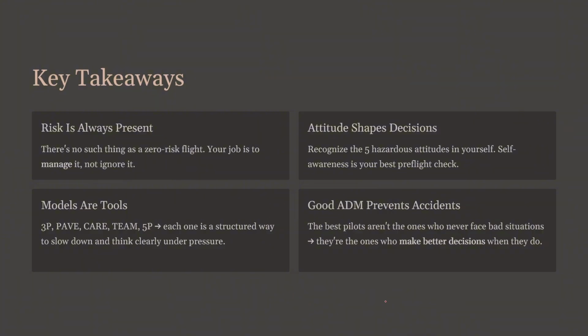Ultimately, good ADM helps prevent accidents. And the safest pilots are not the ones who never face difficult situations, but the ones who make better decisions when they do. So with that, we've covered all the FOI tasks from A through F in the ACS.